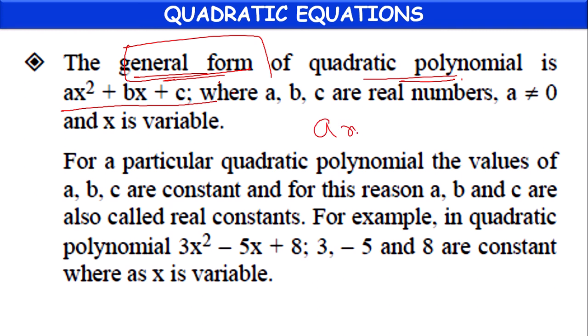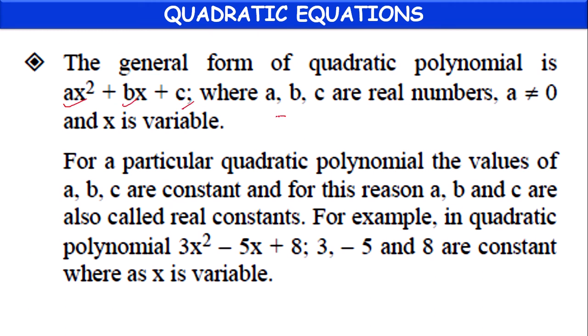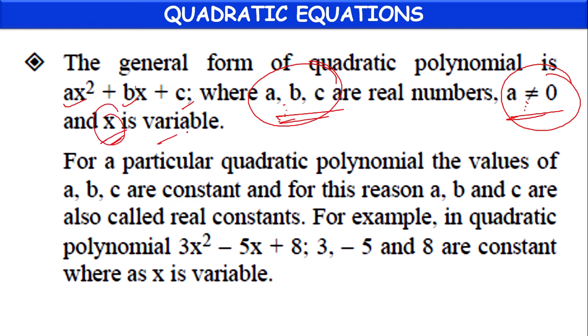Generally we write in the form of ax square plus bx plus c, meaning x square term, x term, constant term, where a is the coefficient of x square term, b is the coefficient of x term, c is the constant term. Where a, b, c are real numbers, and one more condition, a should not be equal to 0, and x should be the variable.